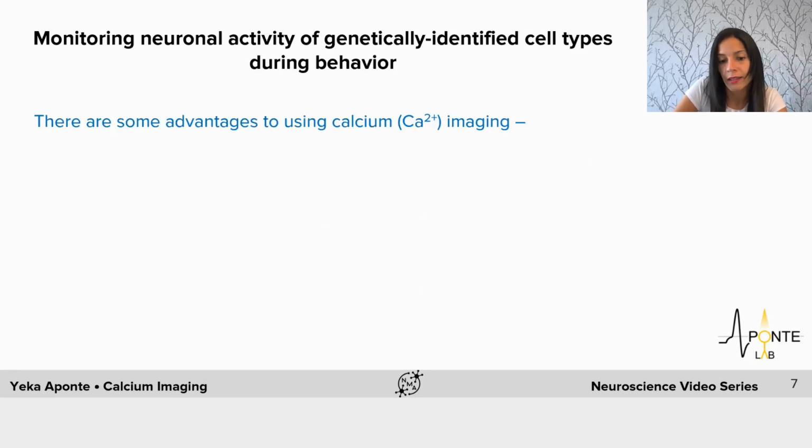Now, a major challenge in systems neuroscience is recording the activity of multiple neurons in vivo during behavior and over time, especially when the neurons or circuits of interest are located deep in the brain. So calcium imaging has some unique advantages compared to traditional extracellular electrophysiology methods.